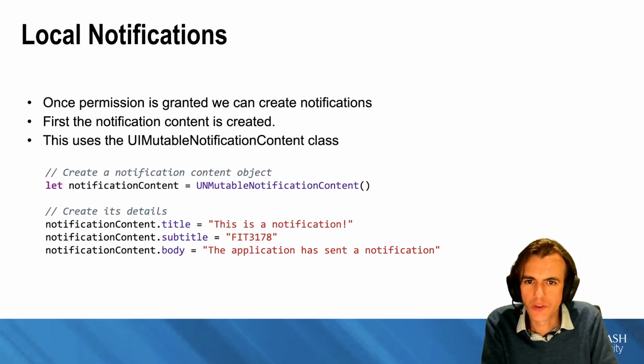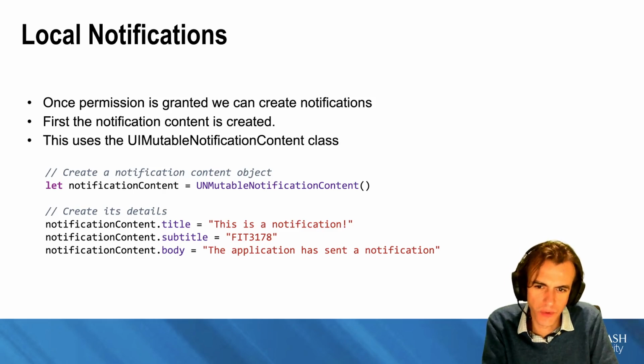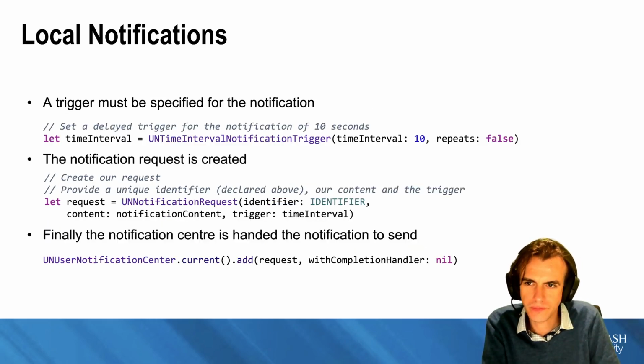Assuming that permission is granted, then we can go about creating notifications. And how we do this is using a UN mutable notification content class. Sorry, it should be UN mutable notification content class. And this just holds the information on that notification, in this case a title, a subtitle, and some body text. We need to specify a trigger along with a notification.